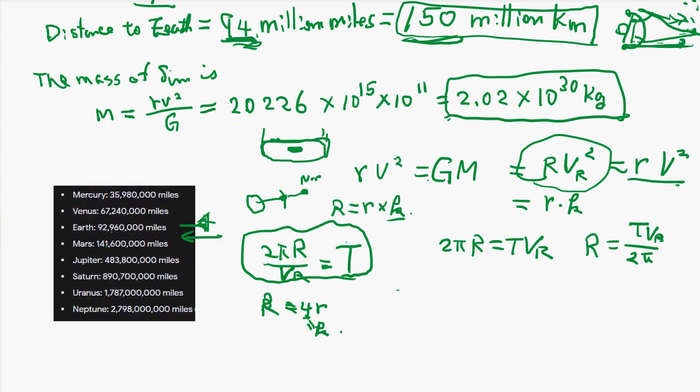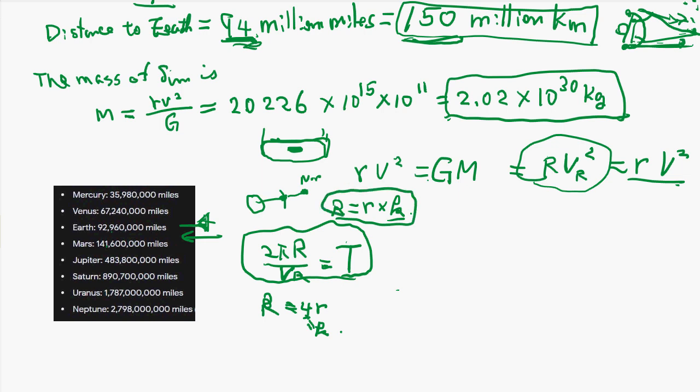So if r is, hold on, let's see, this relationship, so it's r k v r square is r v square.